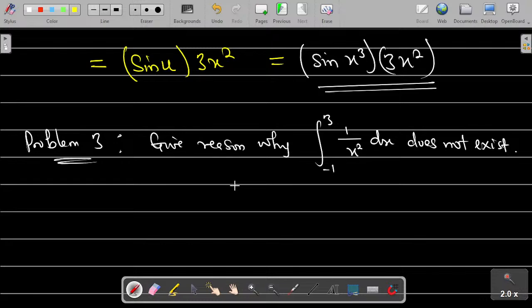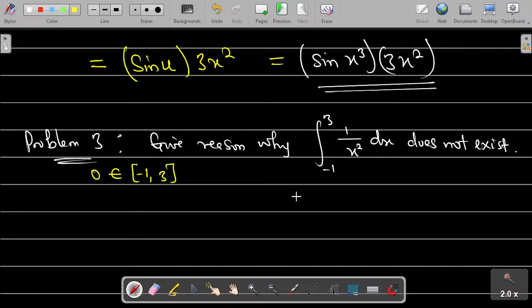You can see that it does not exist since the function approaches infinity or negative infinity as x approaches 0. Remember that the interval given to us is from -1 to 3, and 0 is included. So 0 is an element of that interval, and your denominator cannot be 0. So the limit of this as x goes to 0 is not defined.